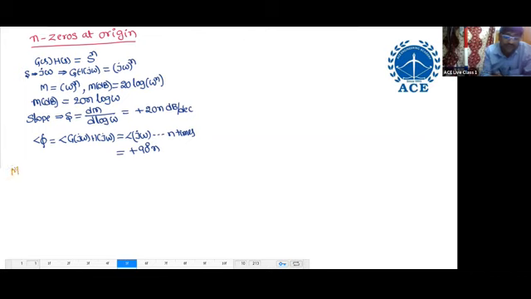M initial equal to 20 log K plus 20 log of magnitude of G of j omega. Sorry, poles and zeros at origin.